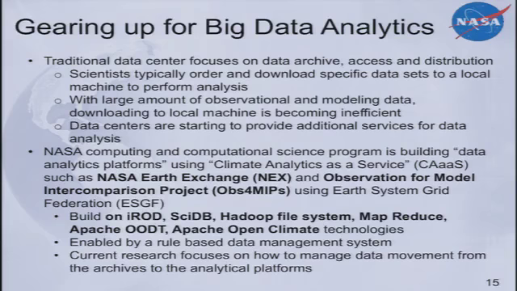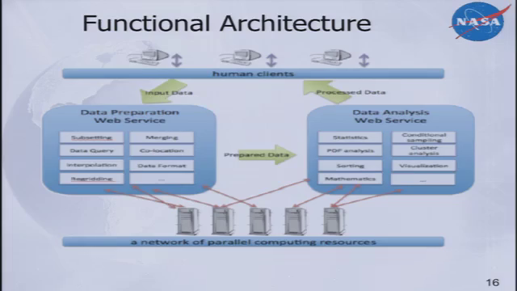Because you think about that, the data right now resides in data centers, typically in the format that's optimized for data archive. It's not optimized for data analytic workload, right? So we need to think about how we convert those data and how do we move data from the archives to the analytic platform.